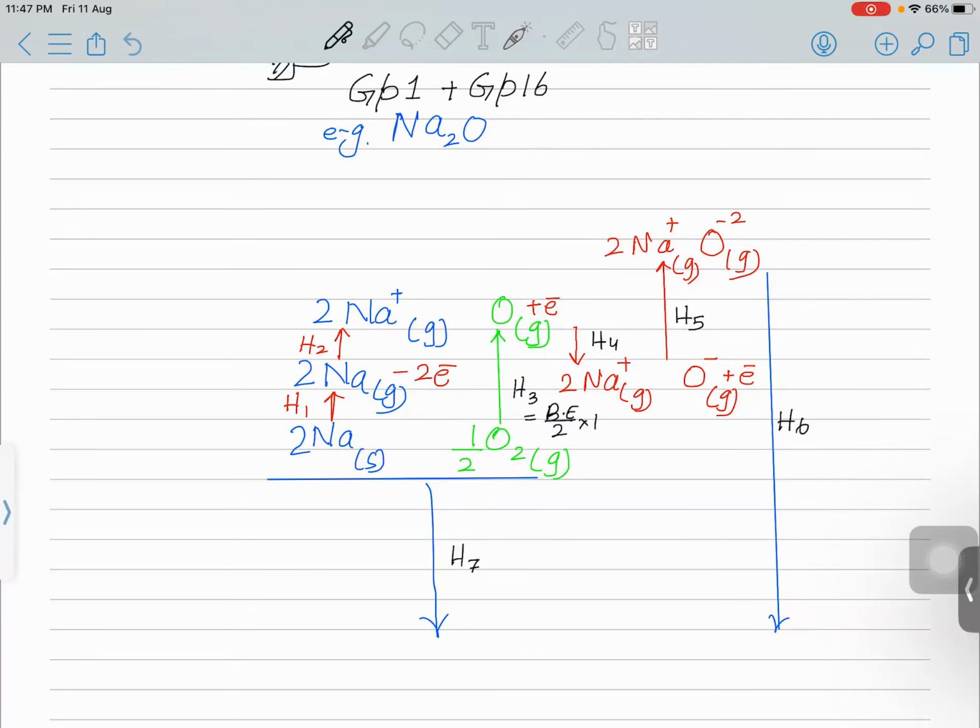Now, H1 would be 2 times, H2 would be 2 times because there are two sodium atoms. Now, what is H1? Enthalpy change of atomization of sodium, two times.